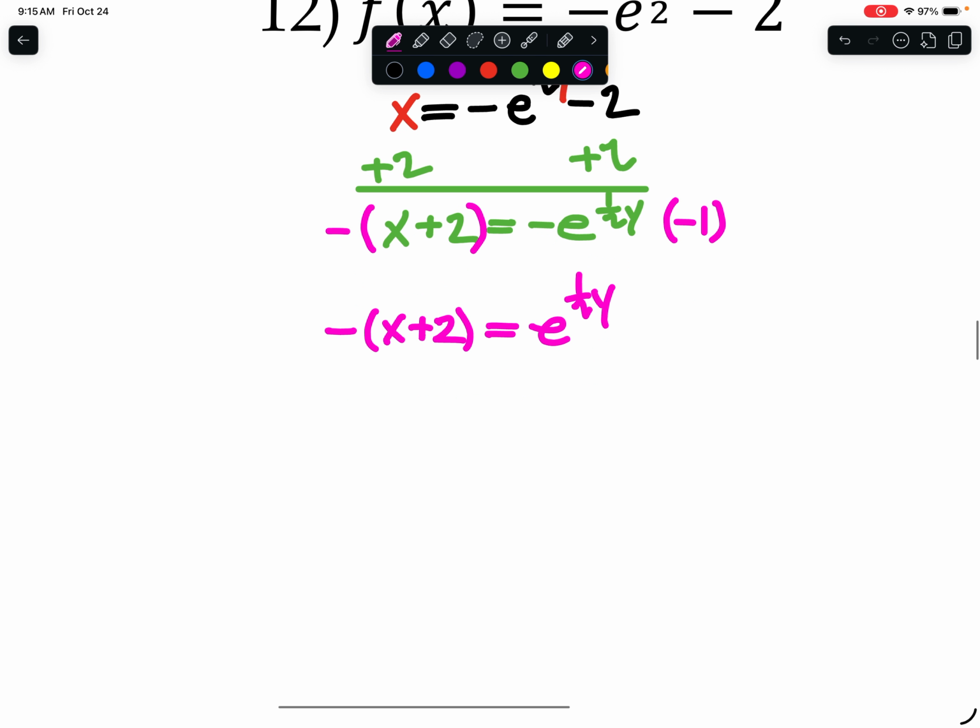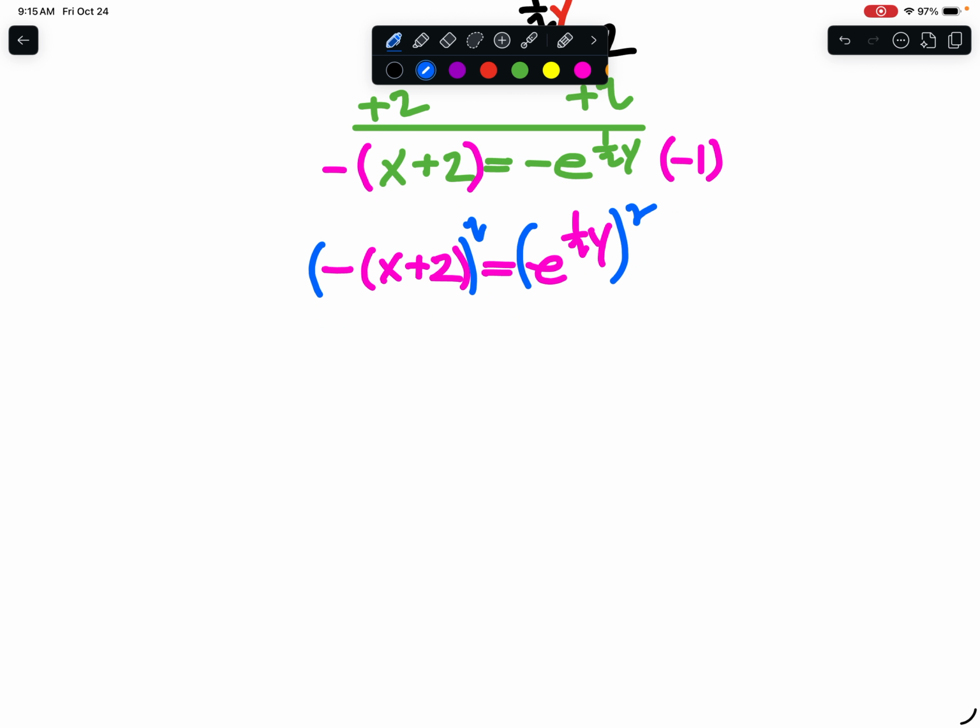And then in order to get rid of the 1/2 exponent, I'm actually going to square both sides. Okay, so what's going to happen now is we're going to have, let's see, negative parentheses x plus 2. My brain stopped working for a split second.